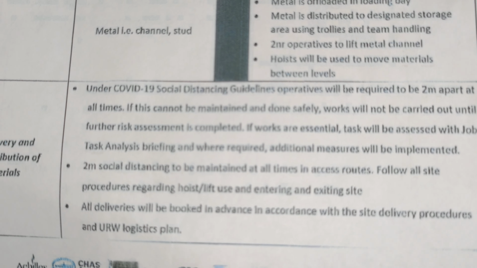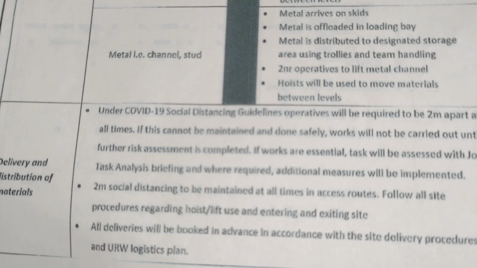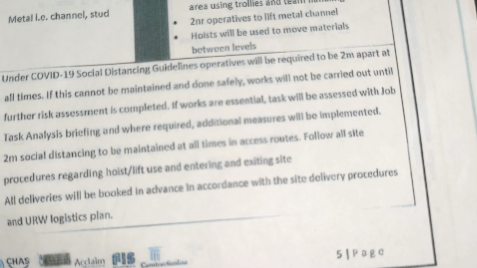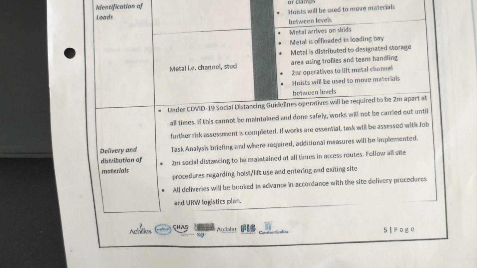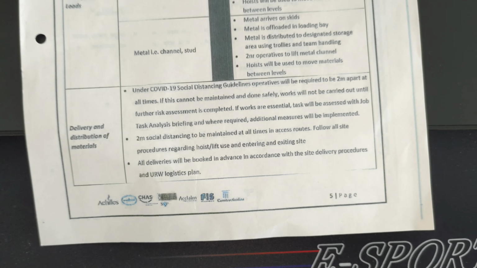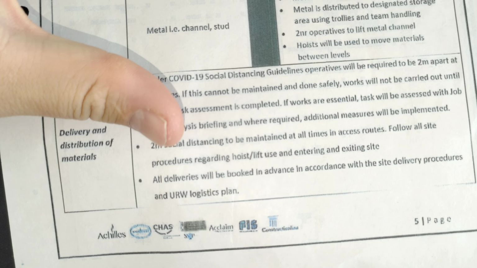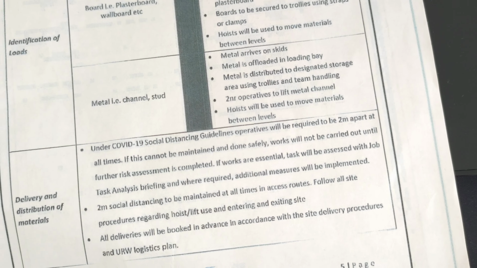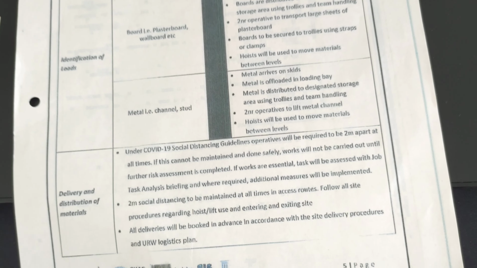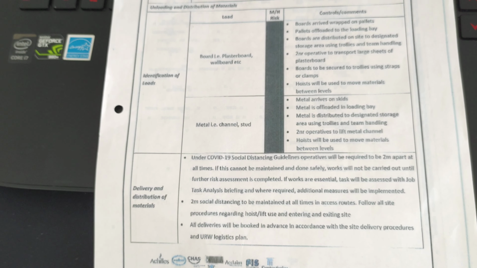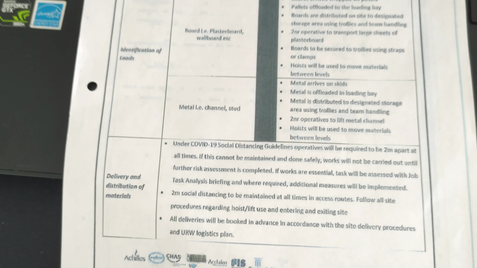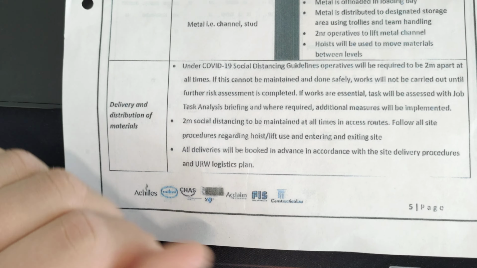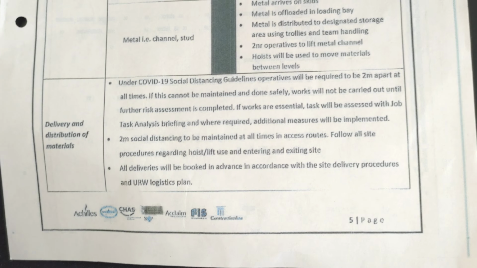Basically, wherever possible we need to hold the 2 meters apart rule. 2 meters social distancing to be maintained at all times in access routes. Follow all site procedures regarding hoist and lift use, and entering and exiting the site. All deliveries will be booked in advance in accordance with the site delivery procedures.